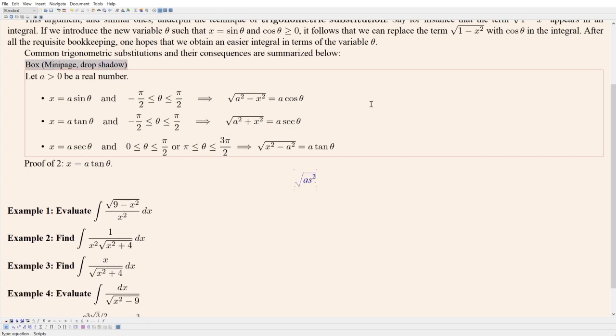Square root of a squared plus x squared. Well, since x is equal to a tan theta, this becomes a squared tan squared theta. Now I can factor the a squared out.